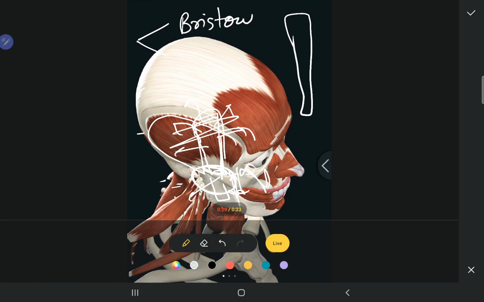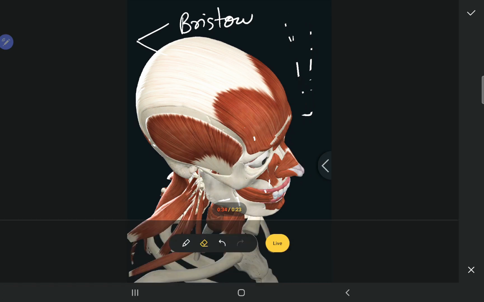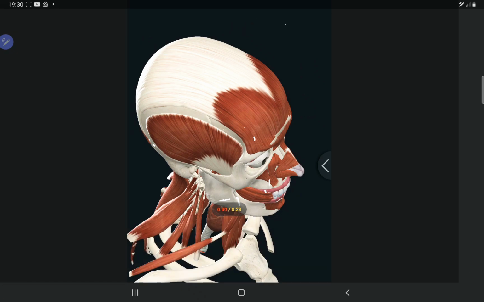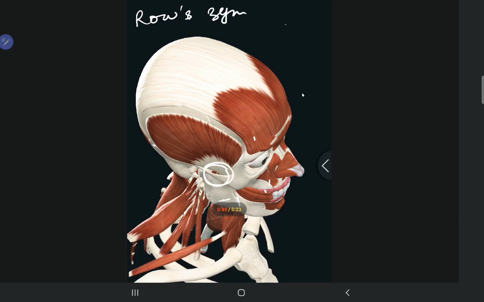So what we do instead, we use another elevator which we call the Rose elevator, the Rose zygomatic elevator. We have also studied the Rose disimpaction forceps, guys, in the Le Fort. So this is the Rose zygomatic elevator. In this particular space, we put this elevator.